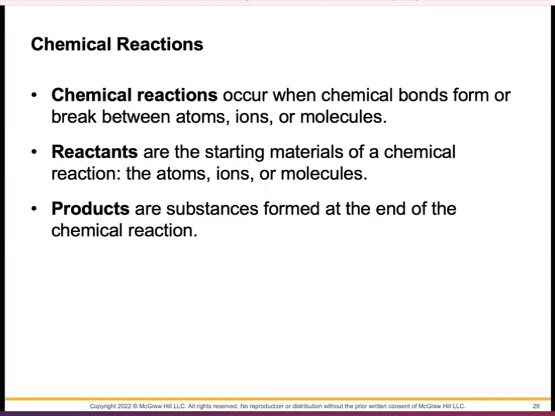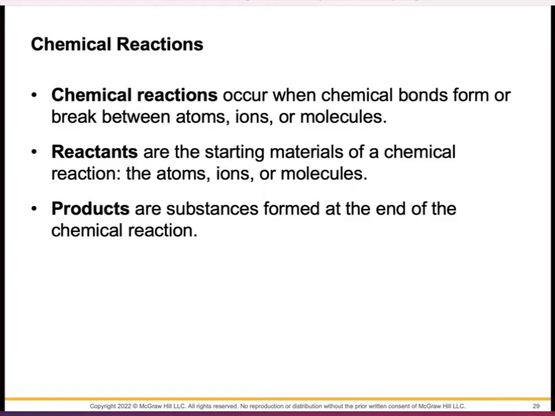Chemical reactions. Chemical reactions occur when chemical bonds form or break between atoms, ions, or molecules. These reactions are going to form larger molecules from smaller molecules or atoms, or occur when bonds between the components of larger molecules break, releasing smaller molecules or atoms. So a chemical reaction can go both ways.